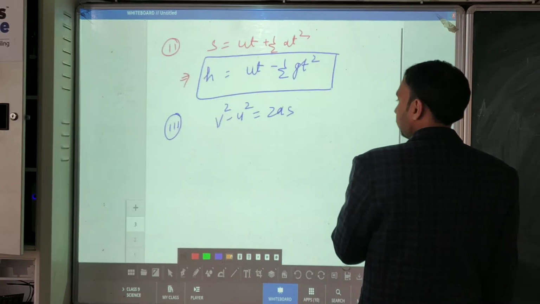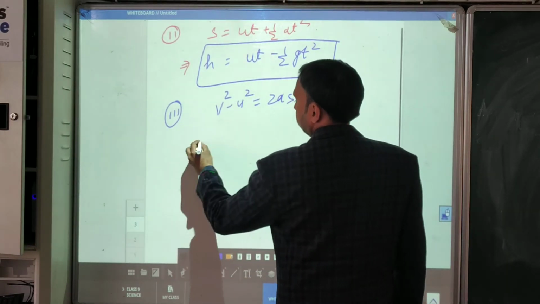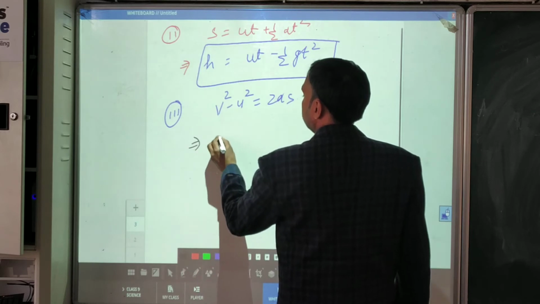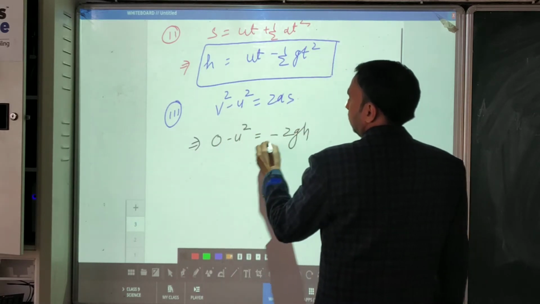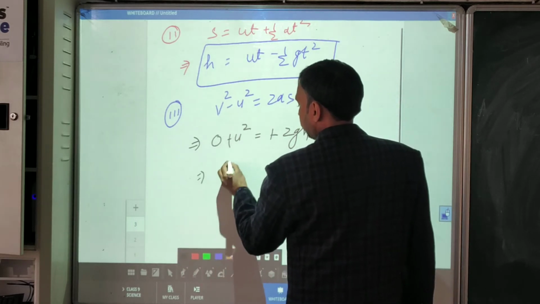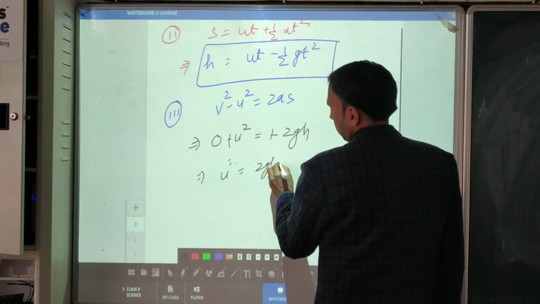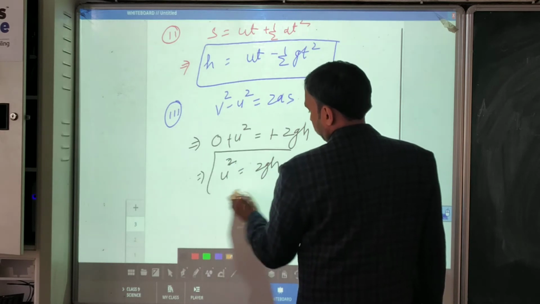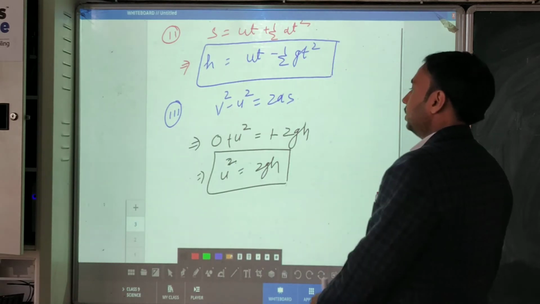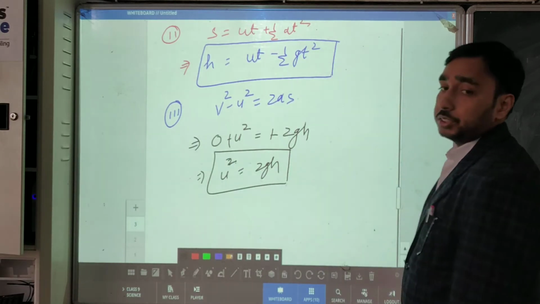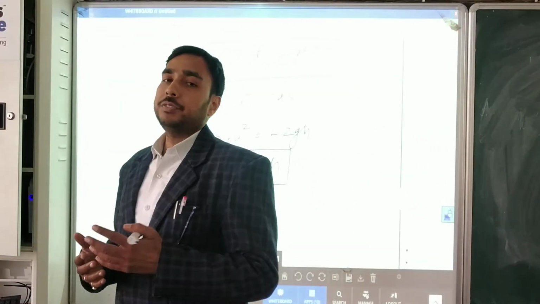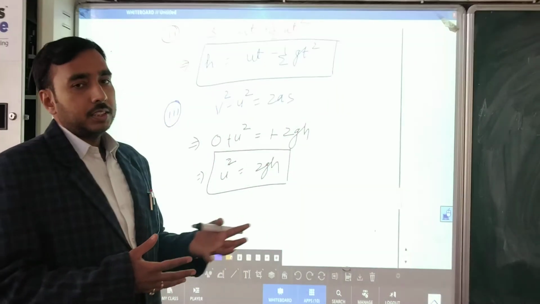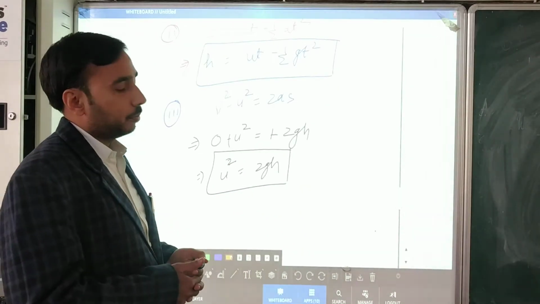Now for upward motion, the final velocity is 0, so minus u square is minus 2gh, and therefore u square is equal to 2gh. So this is the third equation of motion. Alright, so now we have seen all the three equations of motion of the body in case of free fall, both upward as well as downward motion.